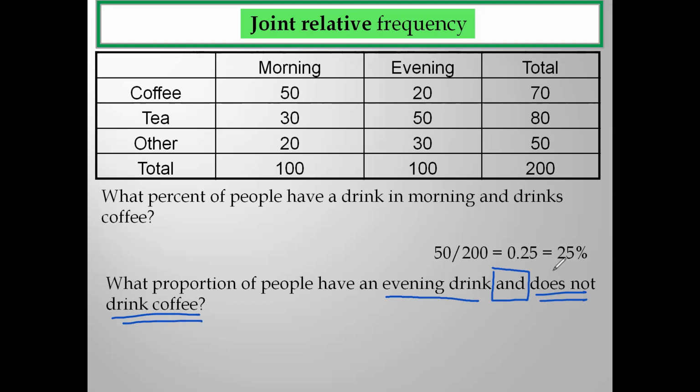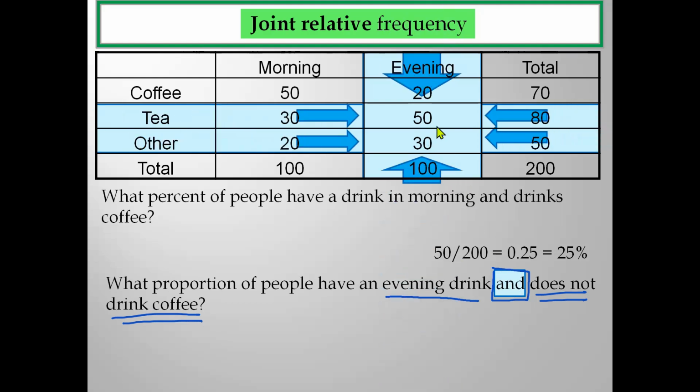So if we're looking at not drink coffee, that's referring to others and tea, or tea and others. And this overlaps with the evening drink. So we want to look at the column for evening drink. Then we want to look at not coffee. So that'll be the rows of tea and other. And we're focused on the word and, so that we're looking at the overlap.